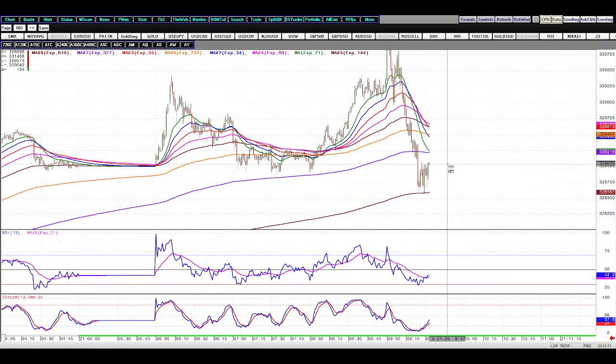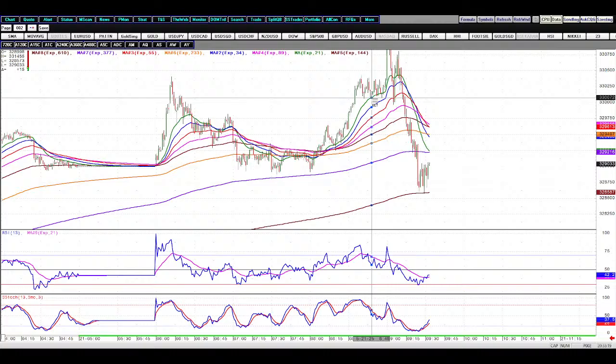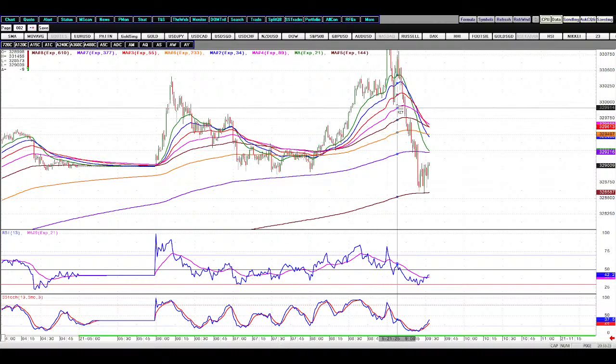Selling again at 93 or 96, then the stop we have to put at 99, or slightly higher, 99 or maybe 3001.